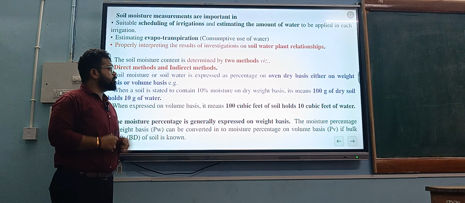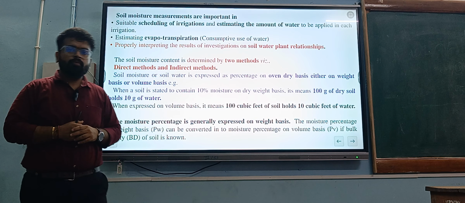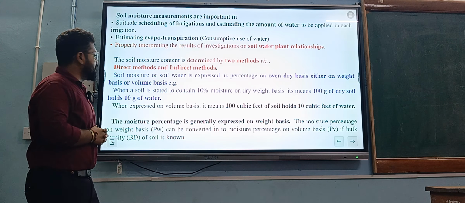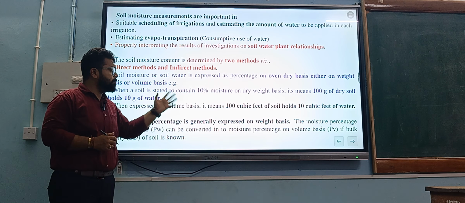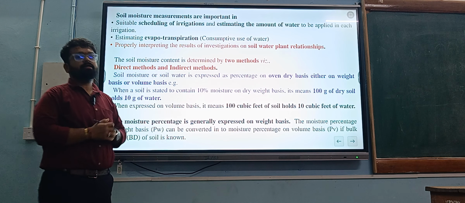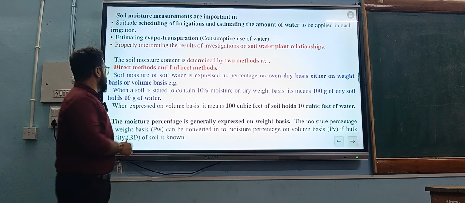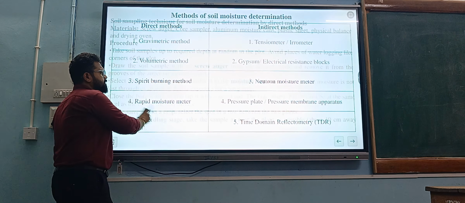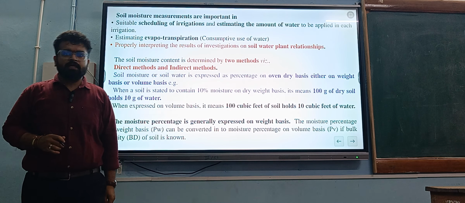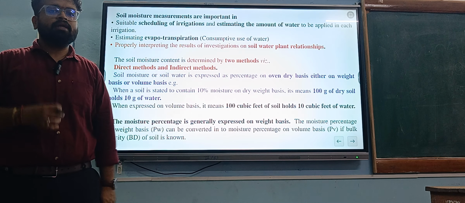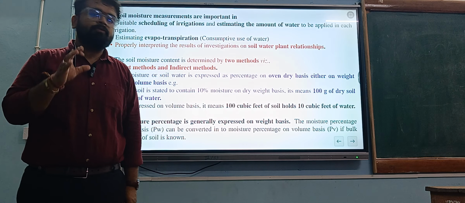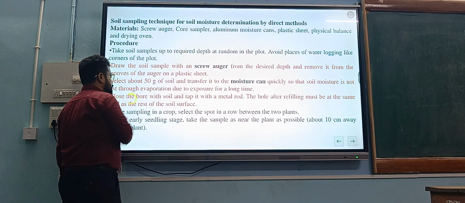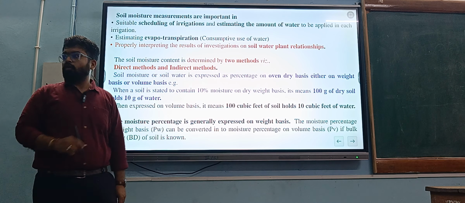Soil moisture or water is expressed in terms of percentage on oven-dry basis or weight basis. When a soil is stated to have 10% moisture on a dry weight basis, it means 100 gram of dry soil holds 10 gram of water. What is the interpretation? 100 gram of soil contains 10 gram of water.